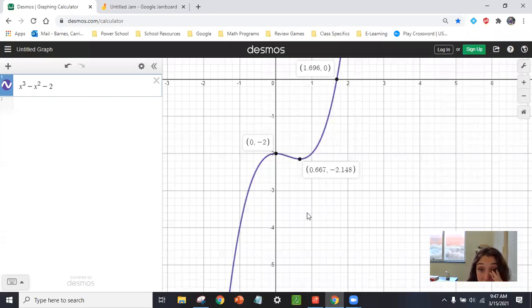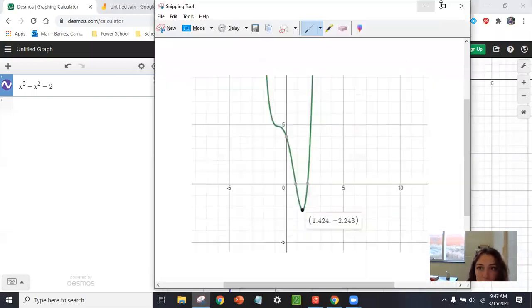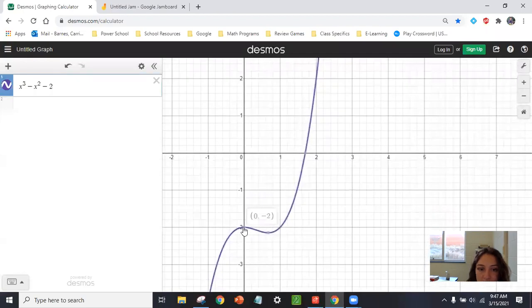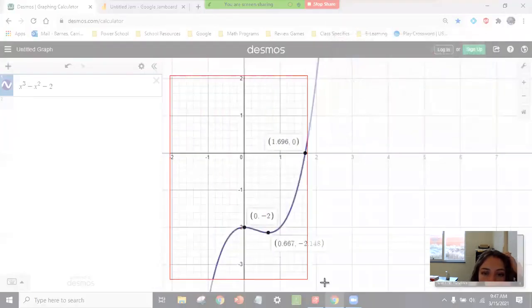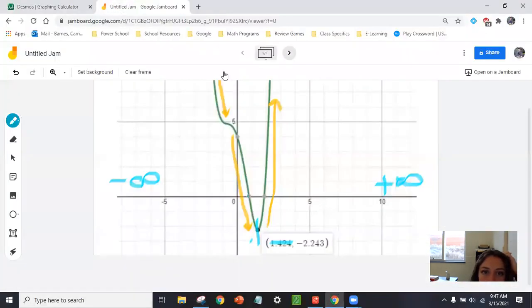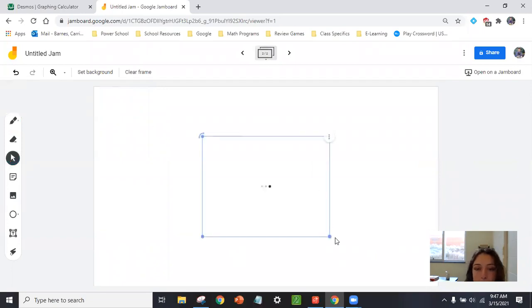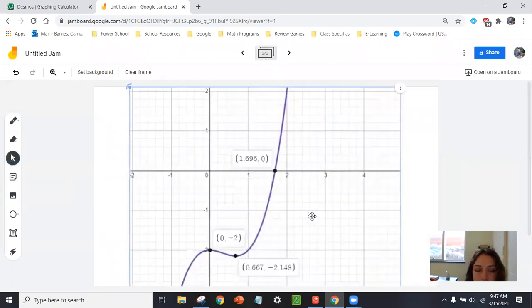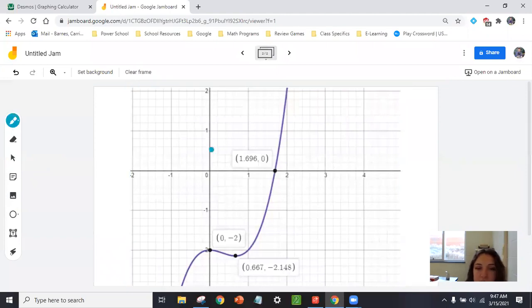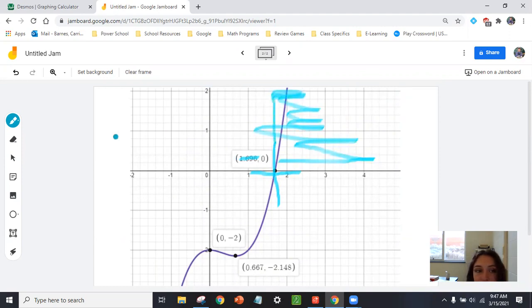And we're going to grab a snip of this. Okay, so we want to see where this graph is above the x-axis. And we can see that it goes above the x-axis right here after this point, 1.696. Then after that, it's forever going to be above the x-axis after this point there.